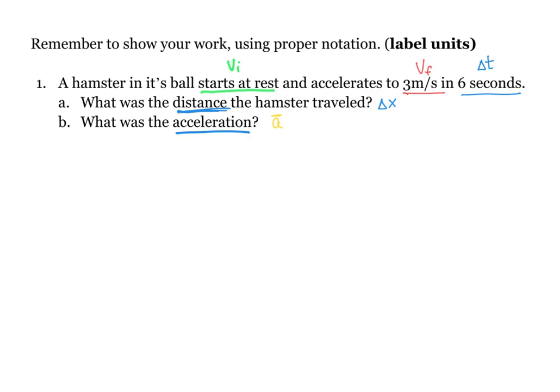For change in x, we're going to go back to our equations and figure out which equation gives me change in x when I have initial velocity, final velocity, and time. When I look at all of my formulas, I need acceleration. They asked for it second. When I solved this, I solved for acceleration first.